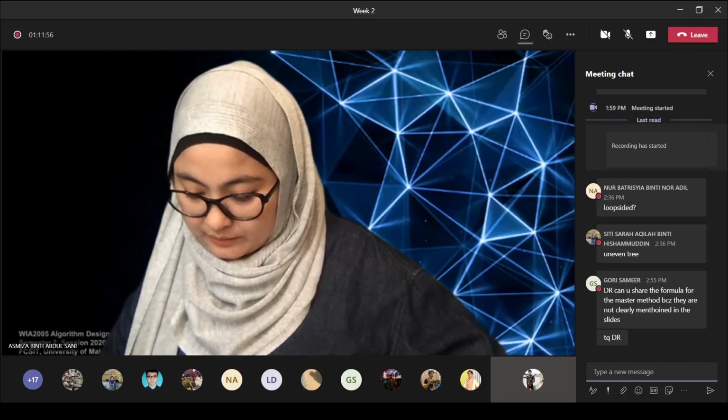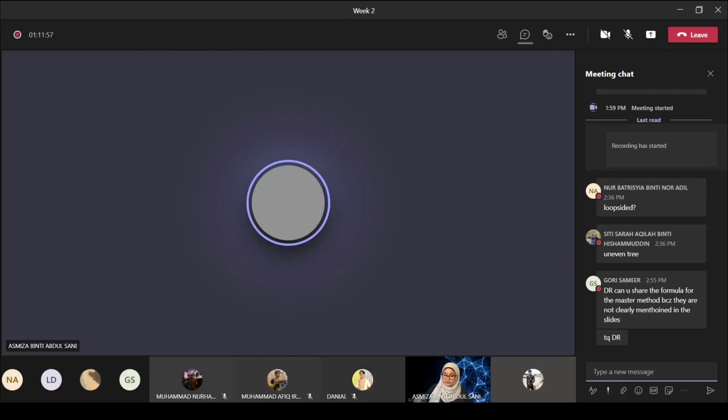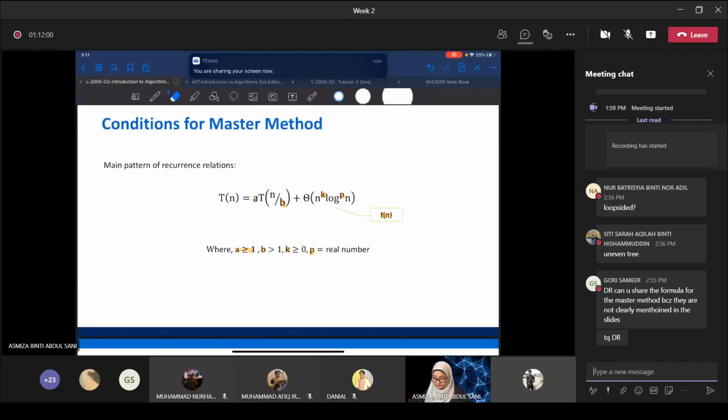Okay, so this is the form that we want to keep, right? Since this is Fn, what is our question just now? It's T(n) = T(n/2) + 2 to the power of n.